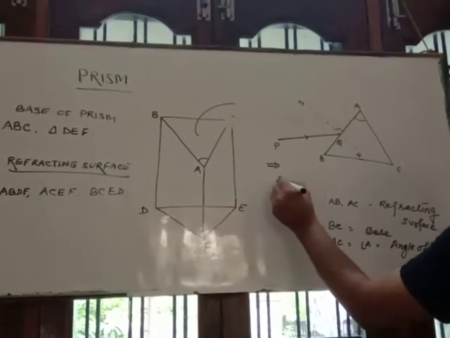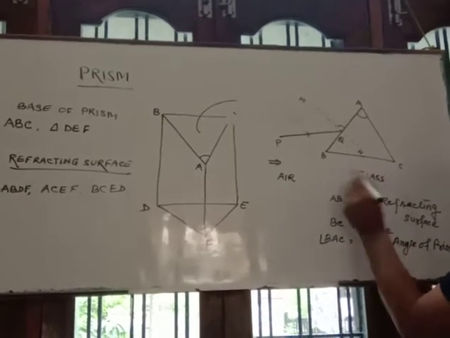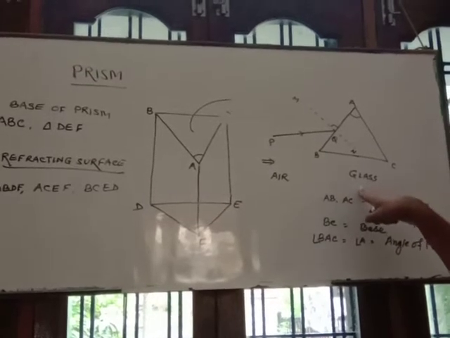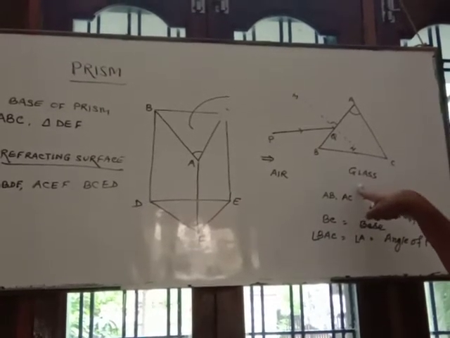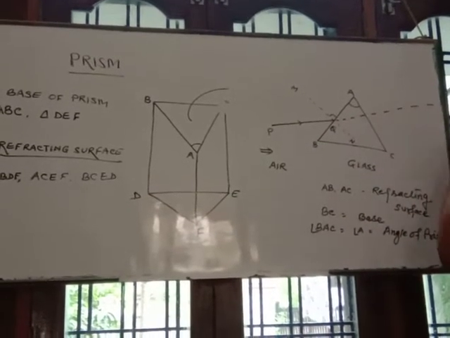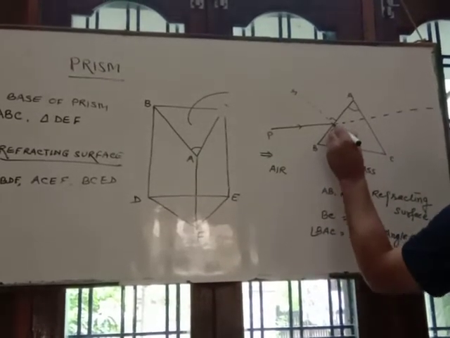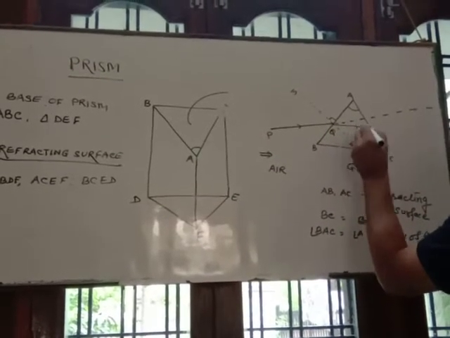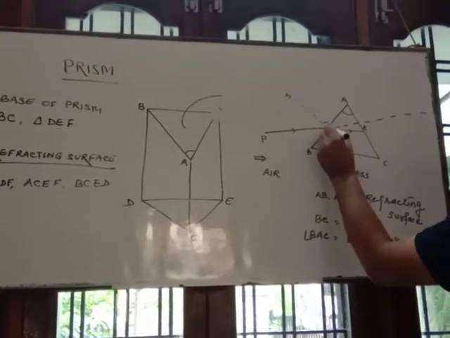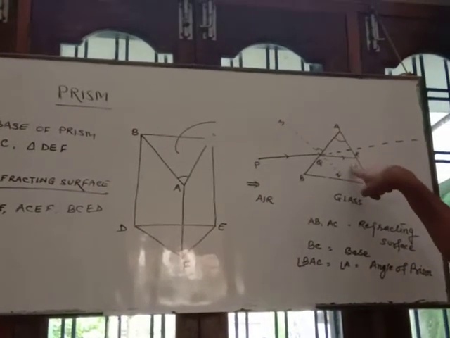Suppose air is present and the prism is made of glass. The light ray passes from air to glass, so it turns towards the normal. It should go along this way in the absence of the prism, but due to refraction, it turns towards the normal and moves along the direction QR. So PQ is the incident ray and QR is the refracted ray.